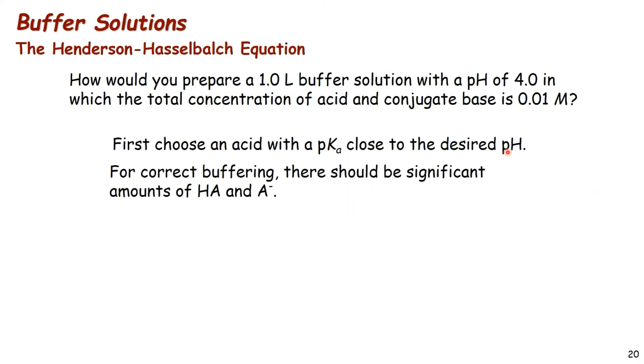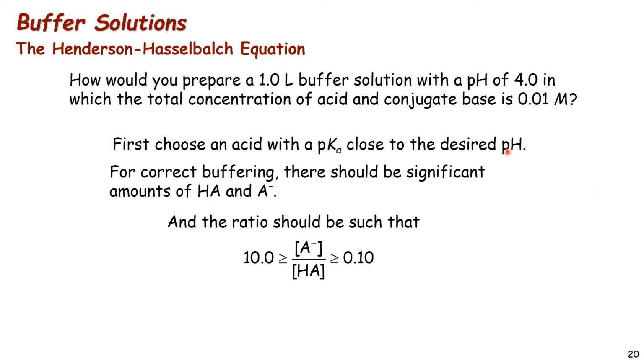For correct buffering, there should be significant amounts of both the acid and its conjugate base. So if we want to keep it, let's say, within a factor of 10, that means that ratio has to be between 10 and 0.1. When you take the log of that, that is a difference of 1.